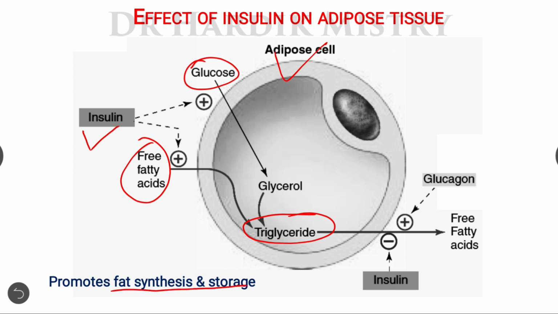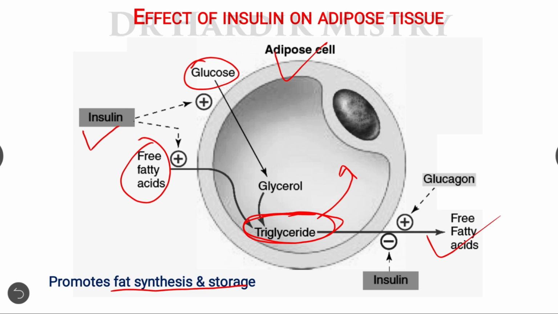Once triglyceride synthesis takes place inside the adipose tissue, it is stored there. Insulin has a negative effect on the breakdown of triglycerides, so the fatty acid is not released, but glucagon will promote the breakdown of triglycerides and fatty acids will be released.